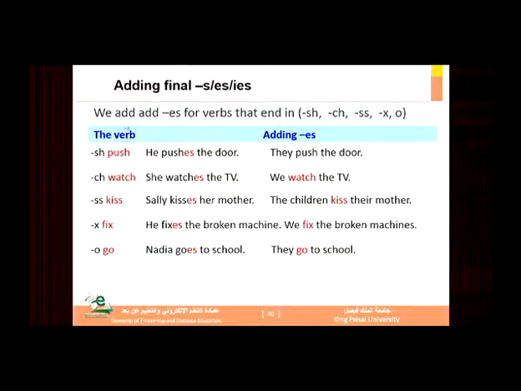So we add ES for those verbs that end in SH, CH, double S, X, and O. So the example that we have here is the verb bush. If you look at the end, we have SH.